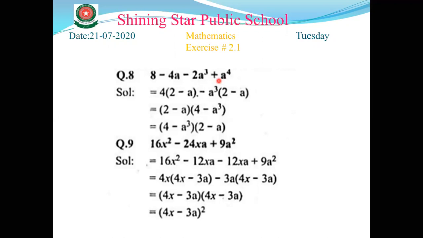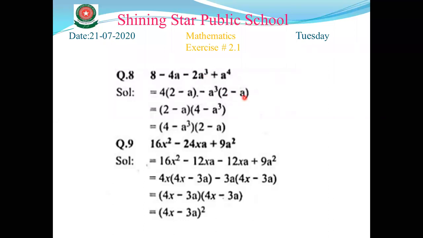But why can we take the common a cube? Because if we take the common a from these two terms, we get here 2a square minus a cube. But we know that both brackets must be the same. If we take common a square here, we will get 2a minus a square.